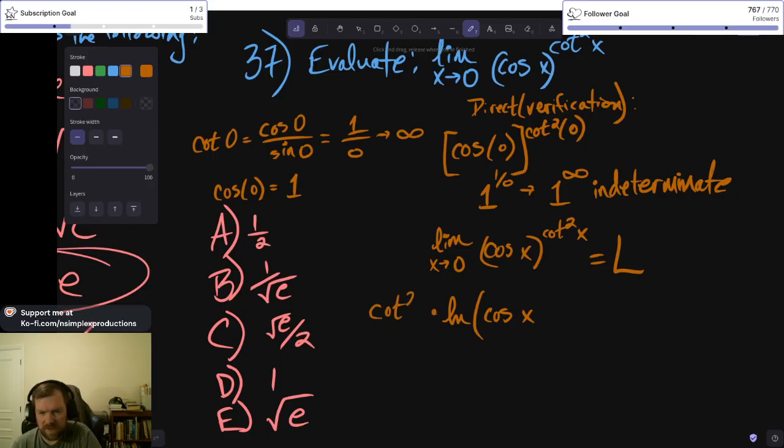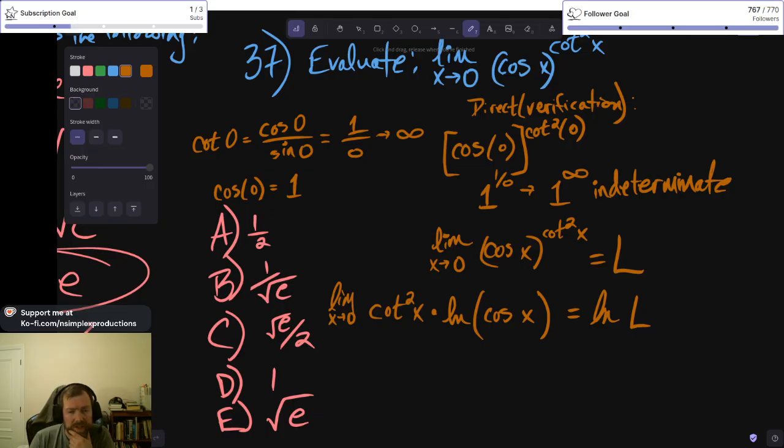So cotangent squared x times natural log of cosine of x. We want to take the limit as x goes to 0 still. This is going to be equal to the natural log of L. We still want to figure out what L is, but we're just going to take a bit longer to get there.